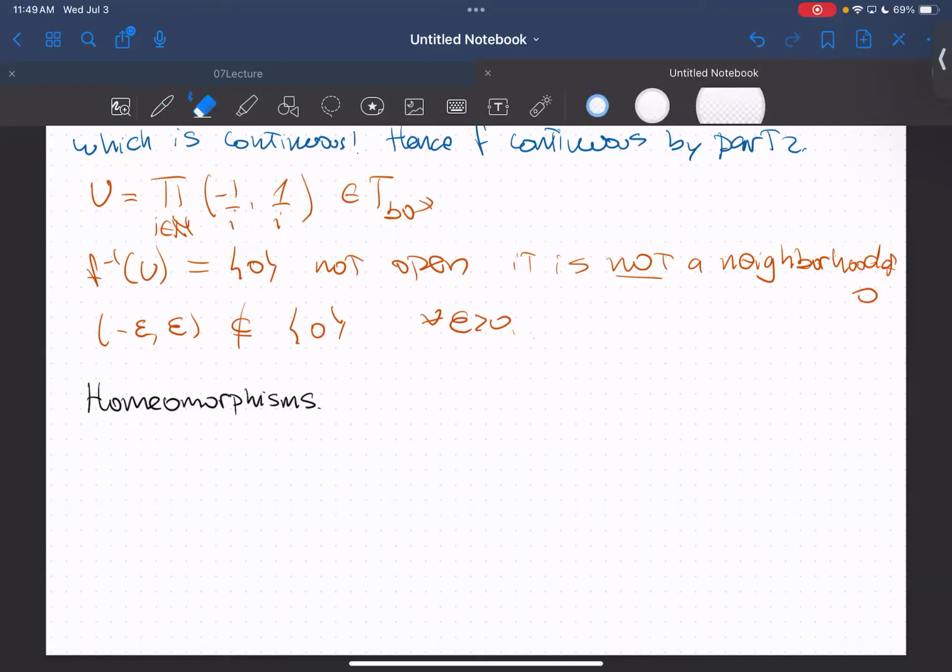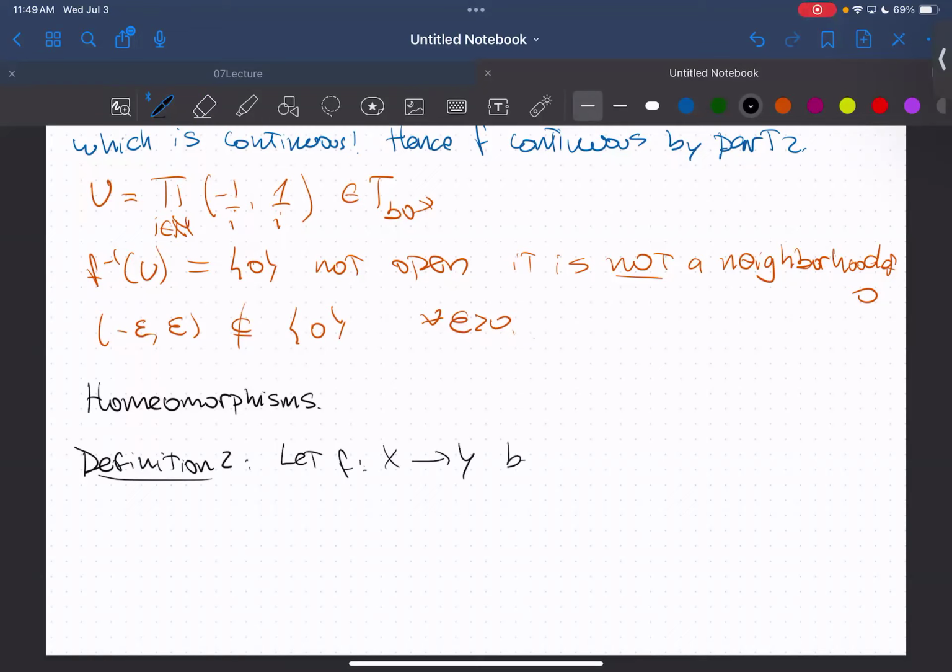So definition 2 for today. I will say that a function, let's call it f, from X to Y, between topological spaces, so I have X and Y topological spaces and a function between them, is a homeomorphism.